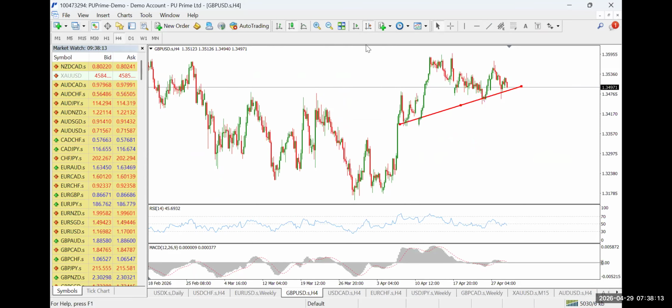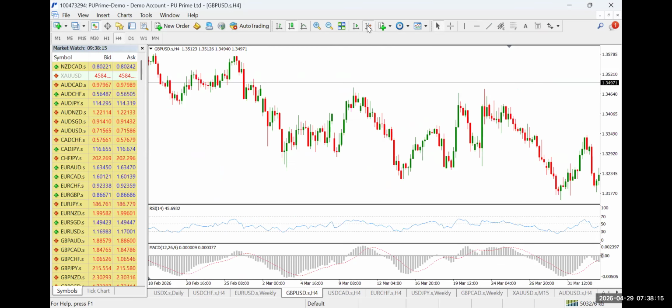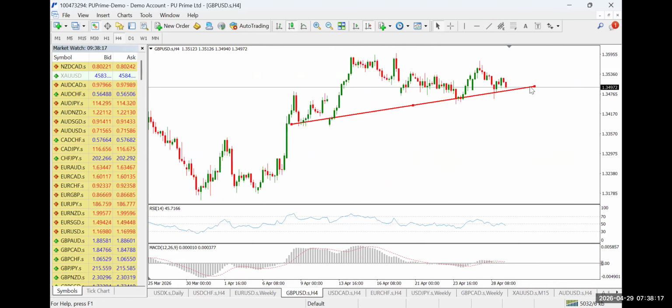Looking at it from the 4-hour angle, to be honest, all these are subjective until FOMC is released, but these are just pure technical outlook that I'm giving. Now for GBP USD, we have overall an uptrend here, and price may drop, possibly to touch the trend line.